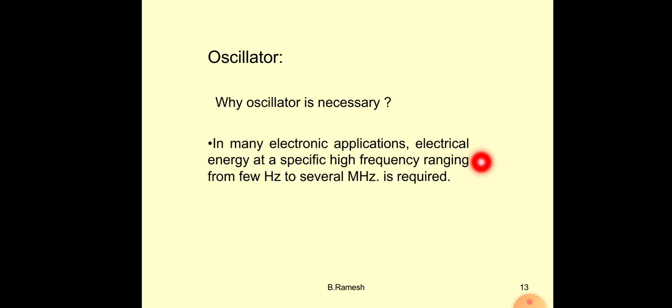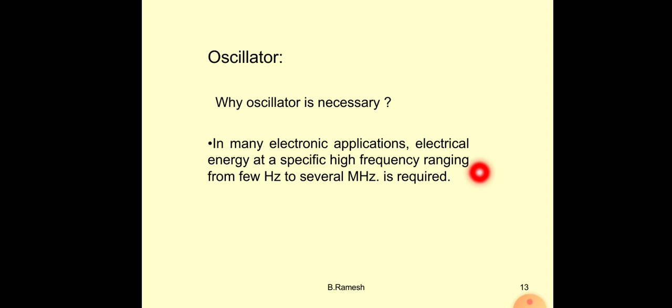That carrier signal carries the message signal, and that will be transmitted to the receiver end. Generally we use this oscillator in radio applications, radar applications, and TV communications to carry the message signal.